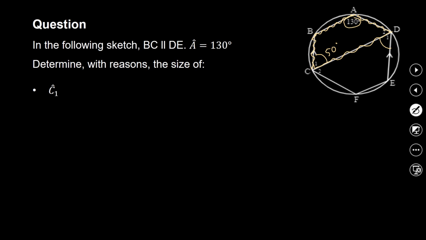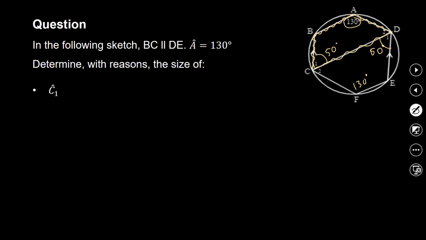So already, I'm not answering questions as yet. I'm only looking at what I can do on this diagram based on the statement, right? If that is 50 degrees, this one is also 50 degrees because they are alternate angles. And if that is 50, then this will be 130 degrees, you see.